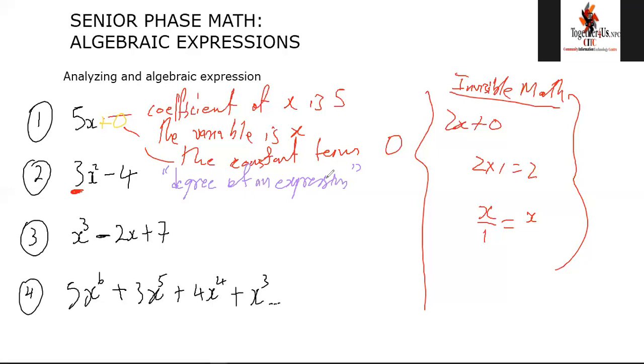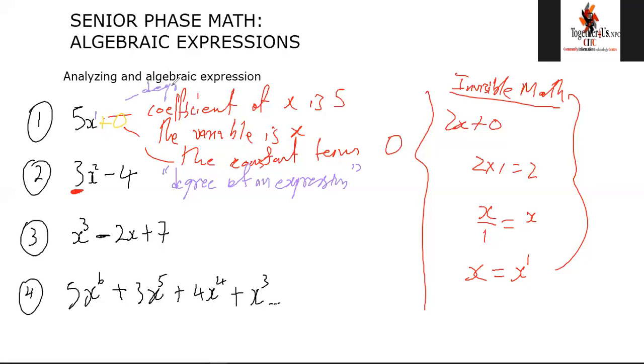Now, you must listen to Mr. G very carefully. If a variable has an exponent 1, like this one here, that's part of invisible math, by the way. Also, the variable x actually has the exponent 1. We just don't write it. So if a variable has that exponent, we say it has degree 1.